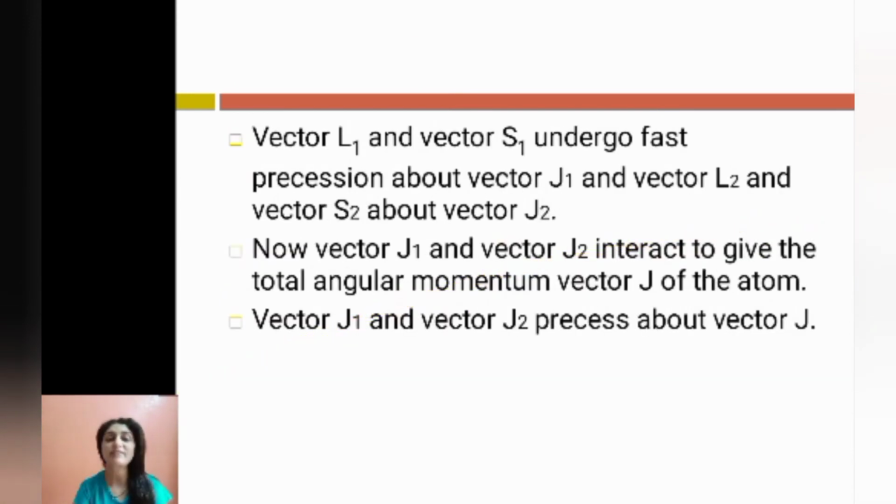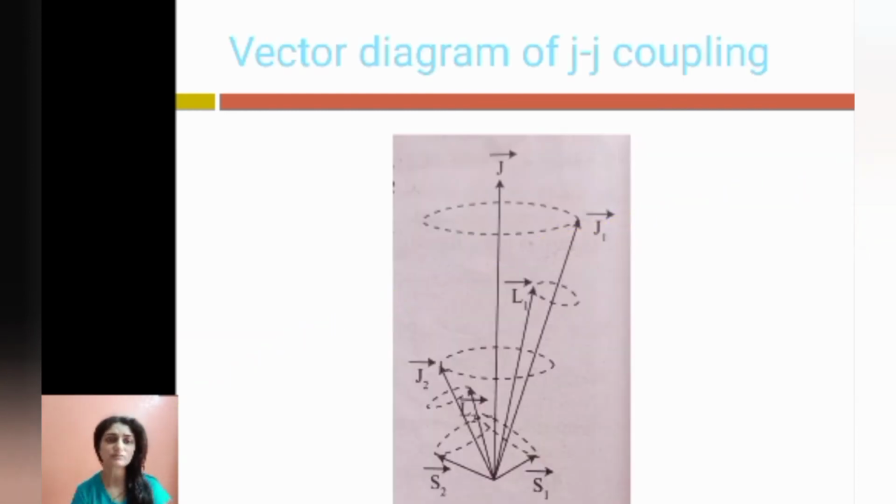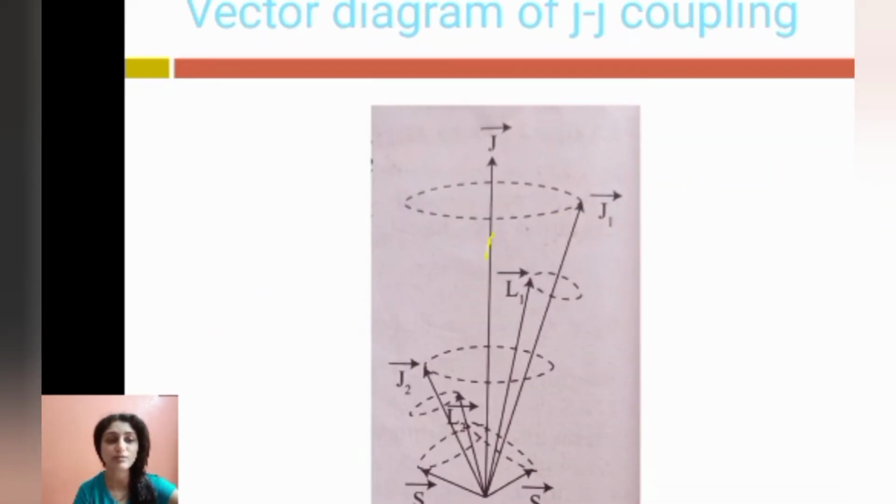Now vector L1 and vector S1 undergo fast precession about vector J1 because the orbit-spin interaction is strong here, and vector L2 and vector S2 precess about vector J2, again because of the orbit-spin interaction. Now vector J1 and vector J2 interact to give the total angular momentum vector J of the atom, and they precess about the vector J. Here you can see the vector diagram of JJ coupling.